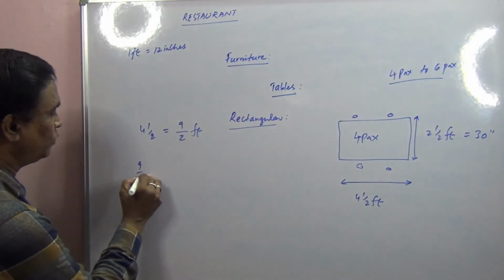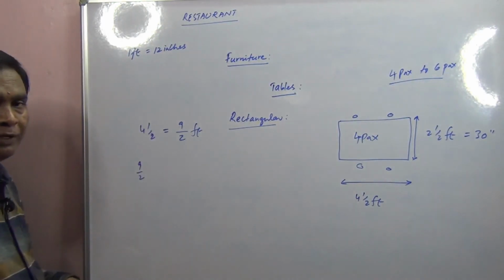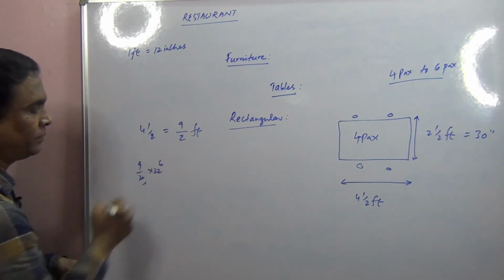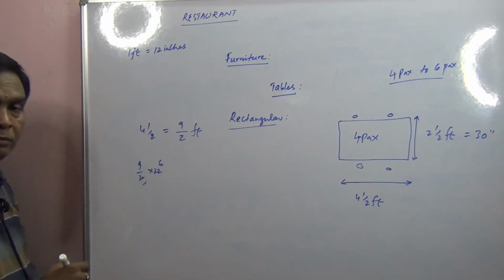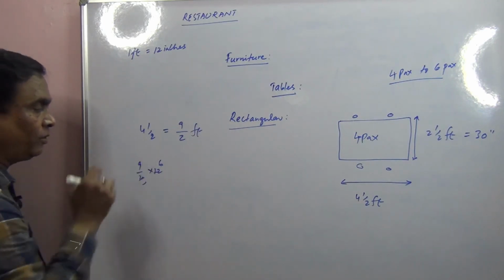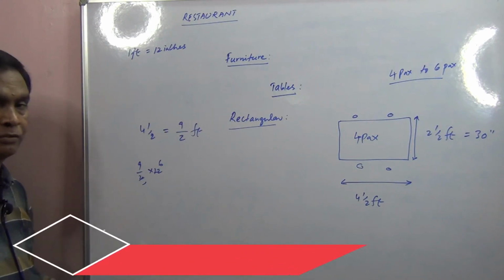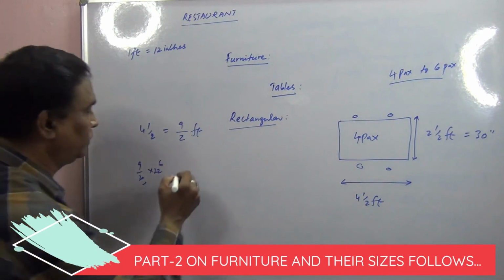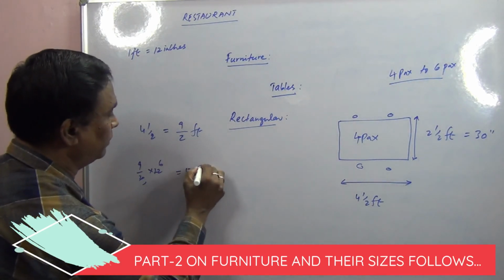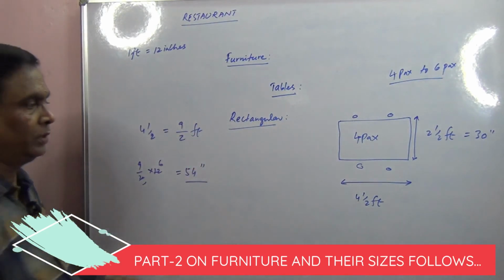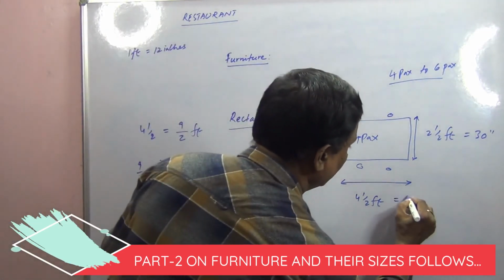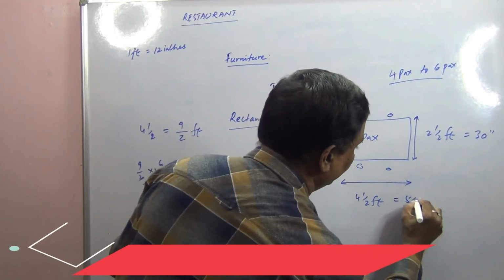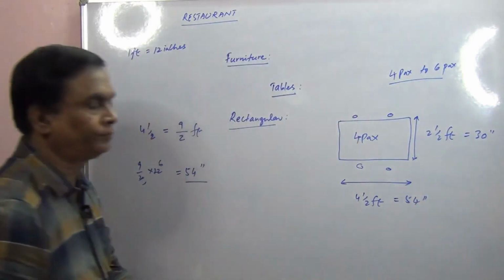So 9/2, 1 foot equals 12 inches, so it should be multiplied by 12. 2 ones are 2, 2 sixes are 12. So that is okay. 9 into 6, how much? 54. So 9 sixes are 54. So this is 54 inches. So now you can write it down as 54 inches.